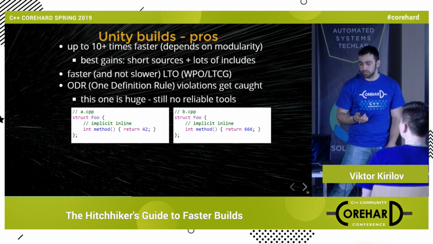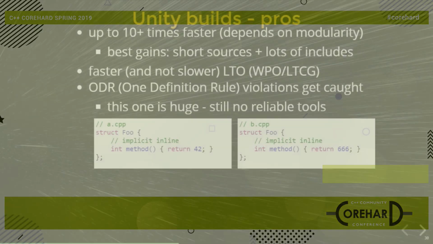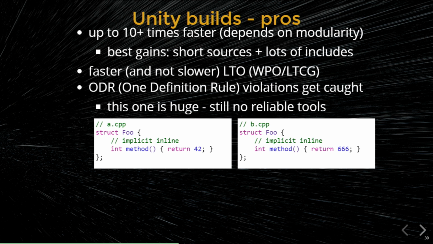Also, Unity builds are the best way to actually detect one definition rule violations. For example, say somebody has written a class in some source file, and then somebody copied it over into another source file. And then he changed the implementation of the method over there because he didn't know this class belonged in a header file. Now the linker will see the same int method, and since it's actually the same symbol, it will remove the duplicate, because it's an inline symbol, because it's defined inside the class.